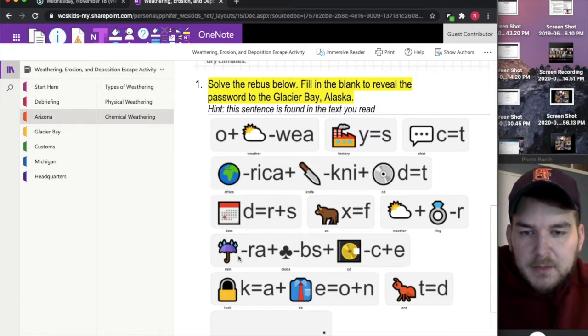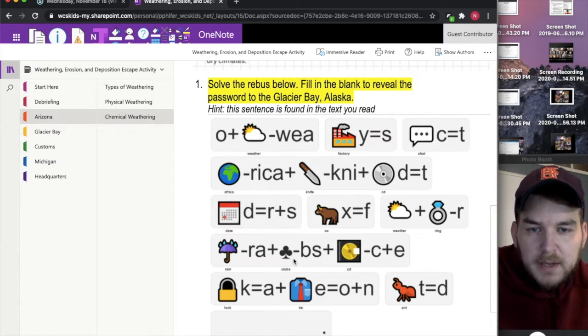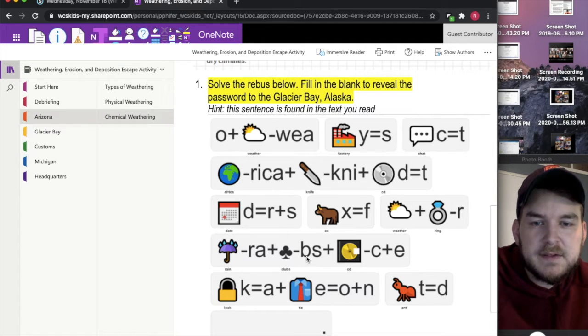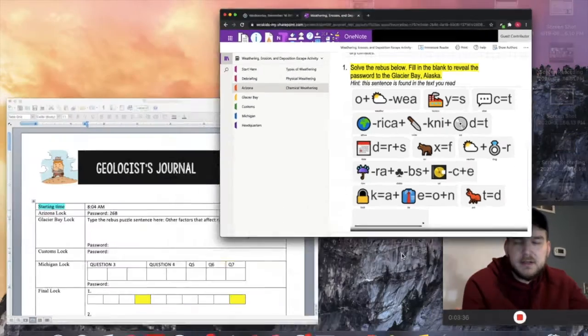Next we have rain minus the RA, so IN. Clubs minus BS is CLU, so INCLU. CD minus the C, but plus E, so INCLUDE, include.